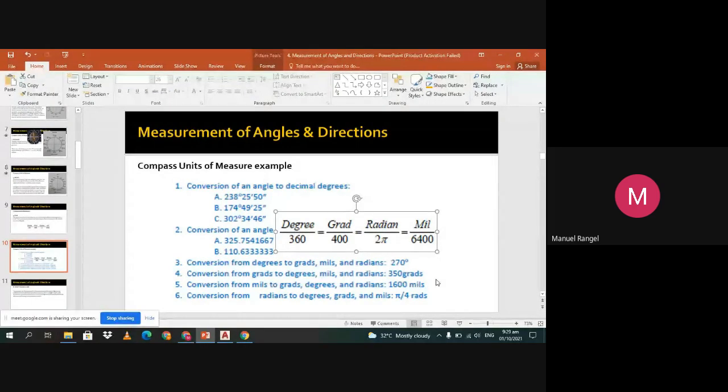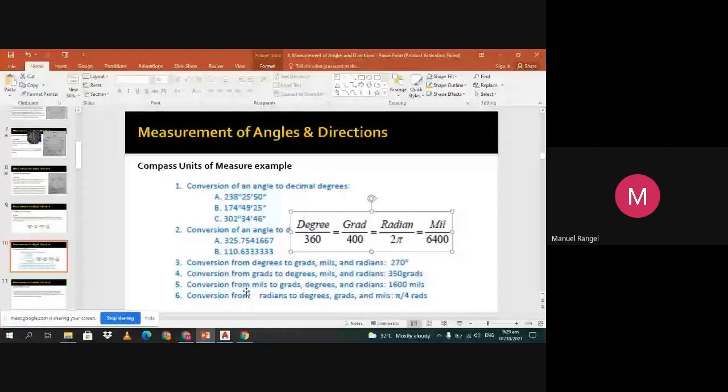So sa radians pod, 270 divided by 360 times 2 pi. That is 4.71239 radians. Okay, so ganun lang, gamit lang yung formula.